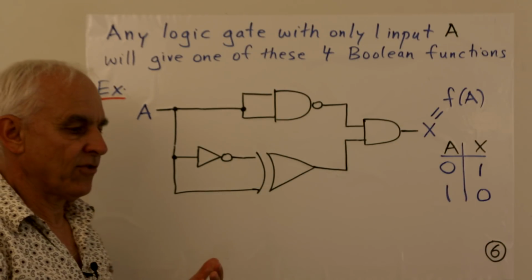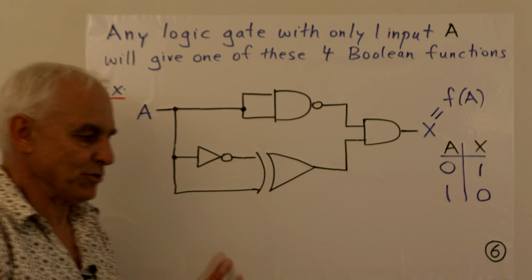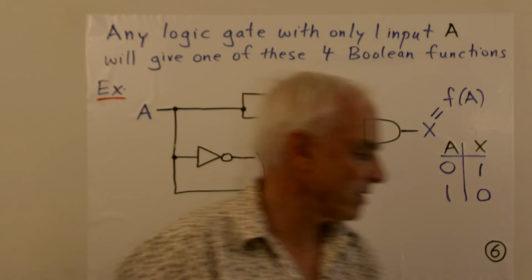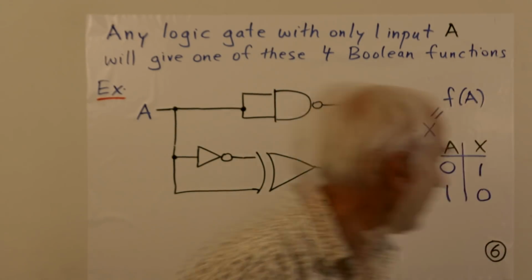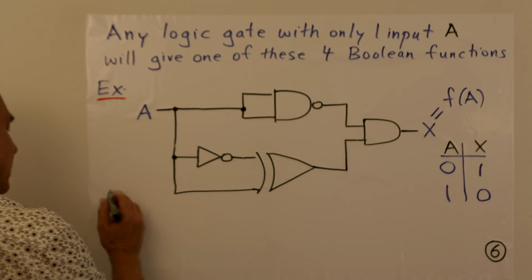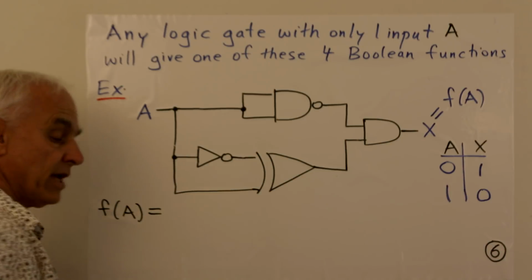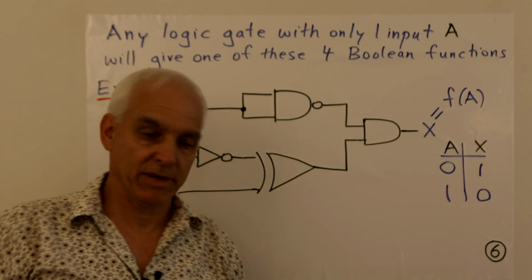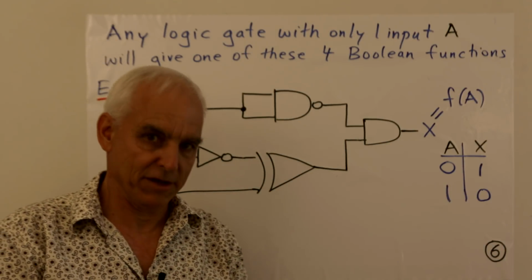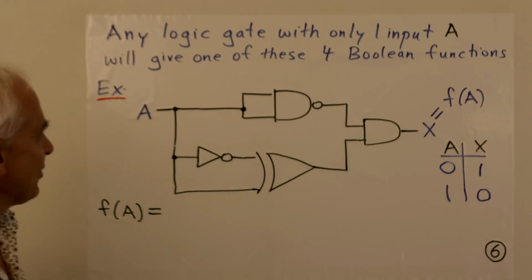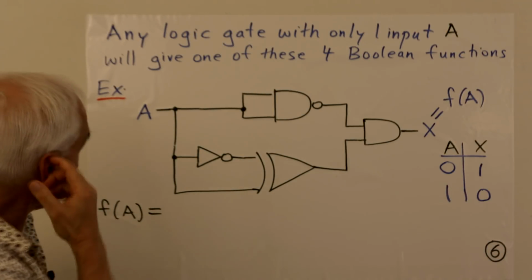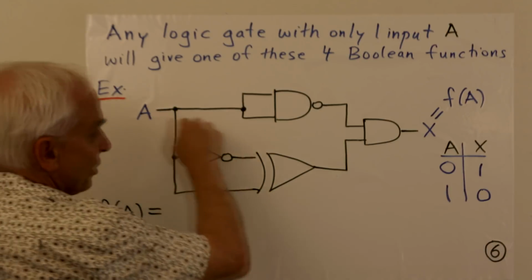Let's look at this from a canonical form point of view. If we want to write an expression for it, let's write f of A. And I'm going to use the Algebra of Boole calculation because that's what I'm trying to get you towards. Let's have a look at how we would write this expression out. We've got 2 things happening.